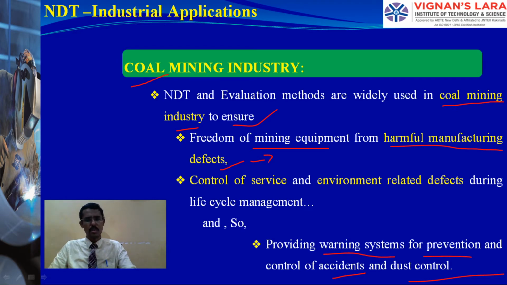A lot of lives are lost. We are hearing about those accidents, so it is our duty to warn them. This is the range of working conditions; if we are exceeding the limits, it should not happen. Likewise, we should warn, prevent and take control action to avoid those accidents and control the dust.